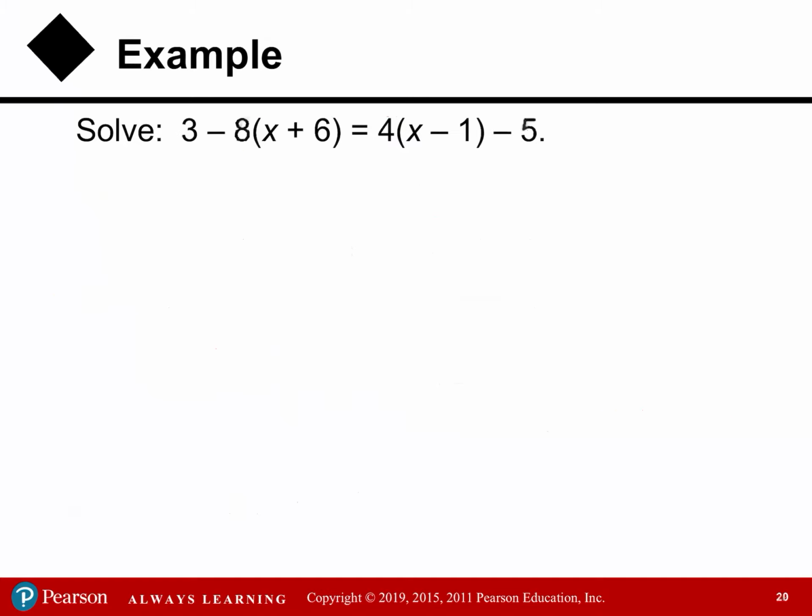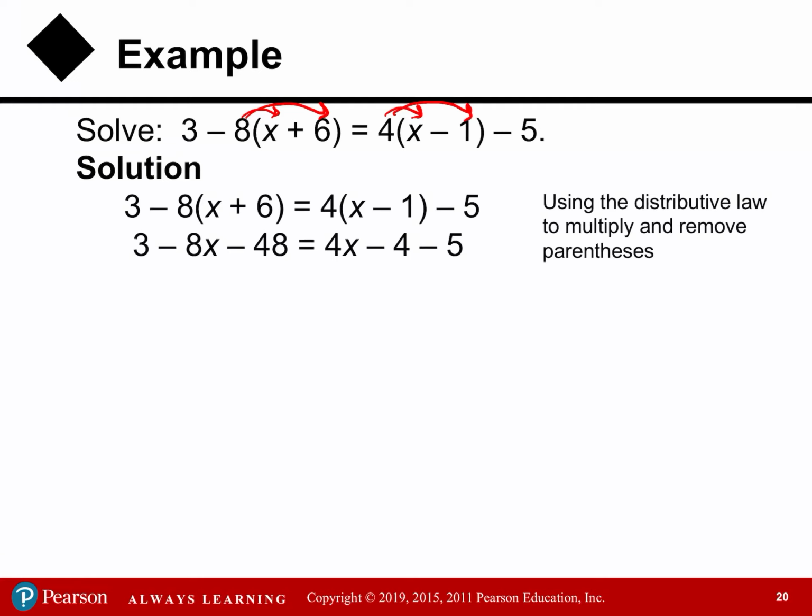Let's do another example. Solve 3x minus 8(x plus 6) equals 4(x minus 1) minus 5. So we have to start off by distributing what's outside the parentheses. So negative 8 times x is negative 8x. Negative 8 times 6 is negative 48. 4 times x is 4x.